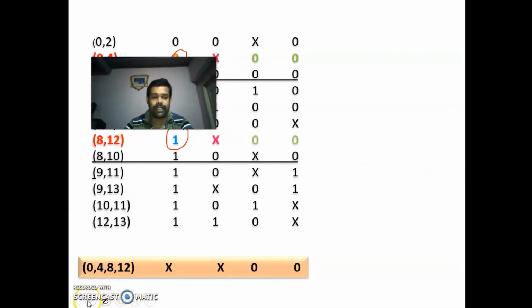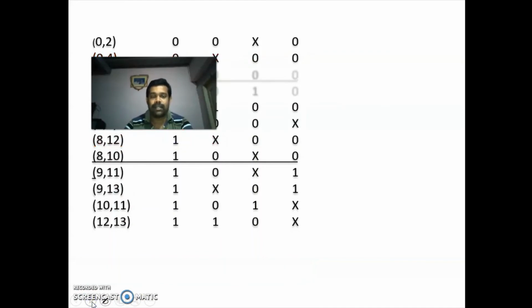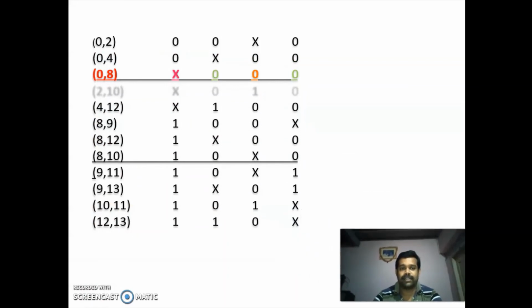Now we are going for the next one, that is 0, 8, and we are comparing 0, 8 and 2, 10. First this x we have checked, and we have taken.